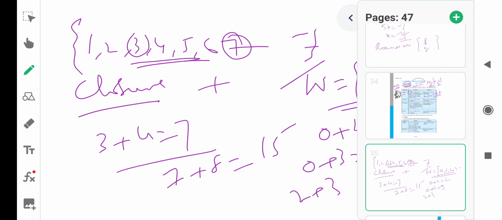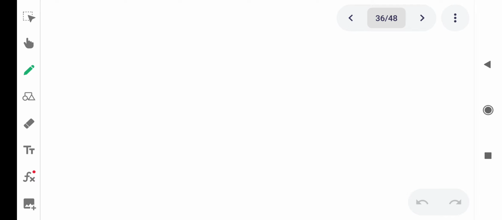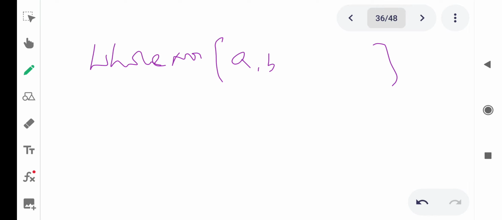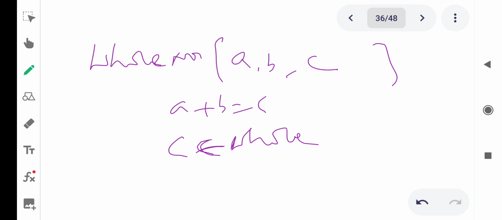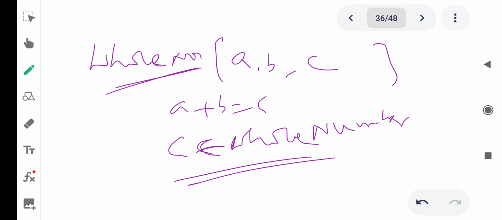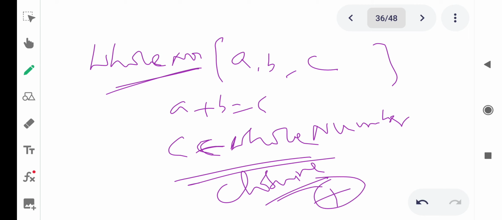That means if I take any numbers a, b from here and add a plus b, c must be here. That means c again belongs to the whole numbers, right? So the whole numbers satisfy closure property under addition.